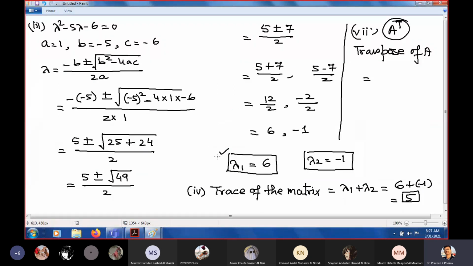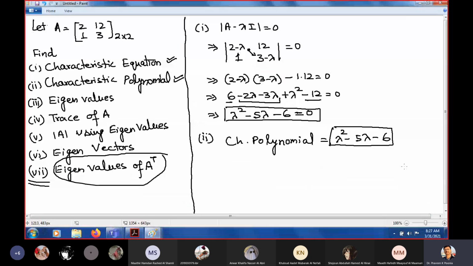What are the eigenvalues of A? 6 and minus 1. So what are the eigenvalues of A T? 6 and minus 1. Class, there is no change. So the transpose of a matrix has the same eigenvalues. Clear? So that is the end of question number 1.